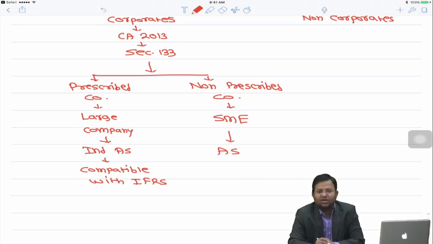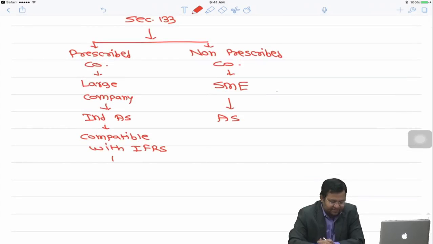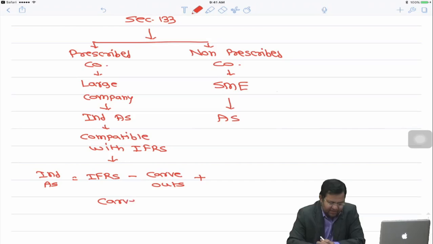But India has not adopted IFRS as it is. There are certain differences between IFRS and Ind AS. So basically, in terms of formula, Ind AS is equal to IFRS minus carve outs plus carve ins.